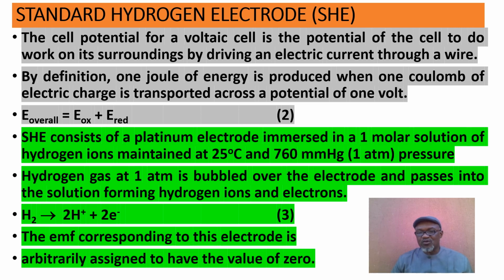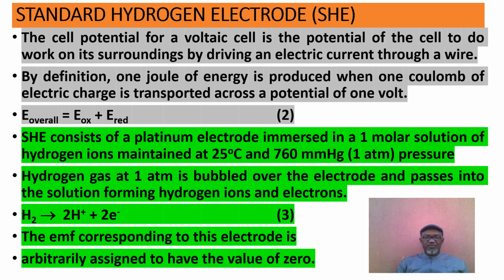And still remember that 1 coulomb of charge, which is Q, is equal to current times time. Therefore, we have E overall, that is E for the cell, will be E oxidation plus E reduction. Now remember, you should know that the oxidation half cell is kept on the left and the reduction half cell is kept on the right by convention for our galvanic cells.